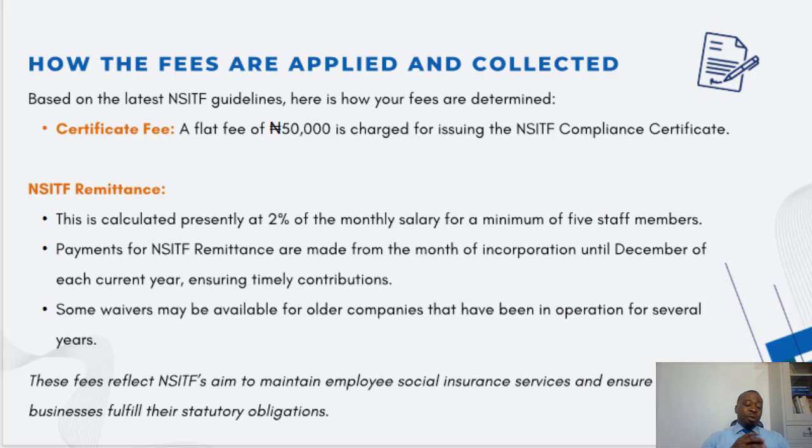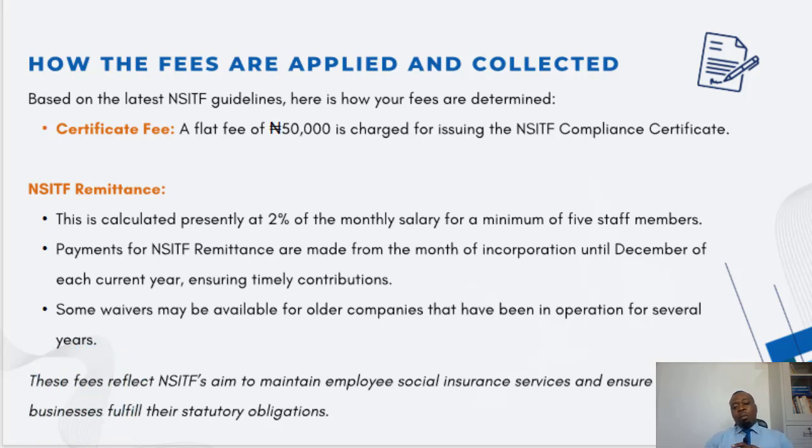Then you have to ensure that your calculation is from the month your company was incorporated, up to December of the present year. If it's this year, you have to calculate it up to December 2025 before you make your payment.